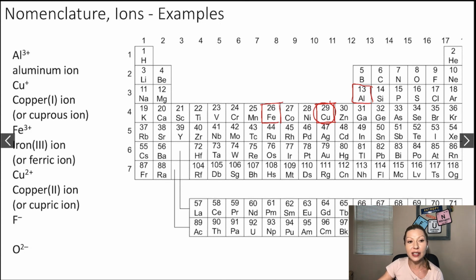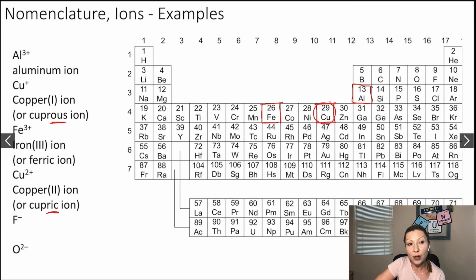Now notice the difference or the pattern in the other type of naming, in the Latin naming. This is an older version of the nomenclature, but it's still used. So if you have a lower charge, the ending "ous" is used. If you have a higher charge, the ending "ic" is used. So the same goes for iron 3+ and iron 2+.